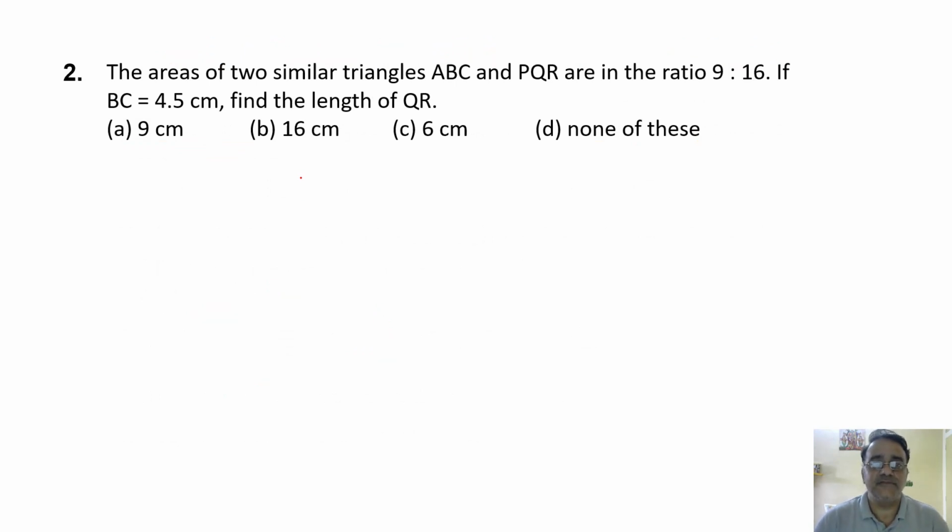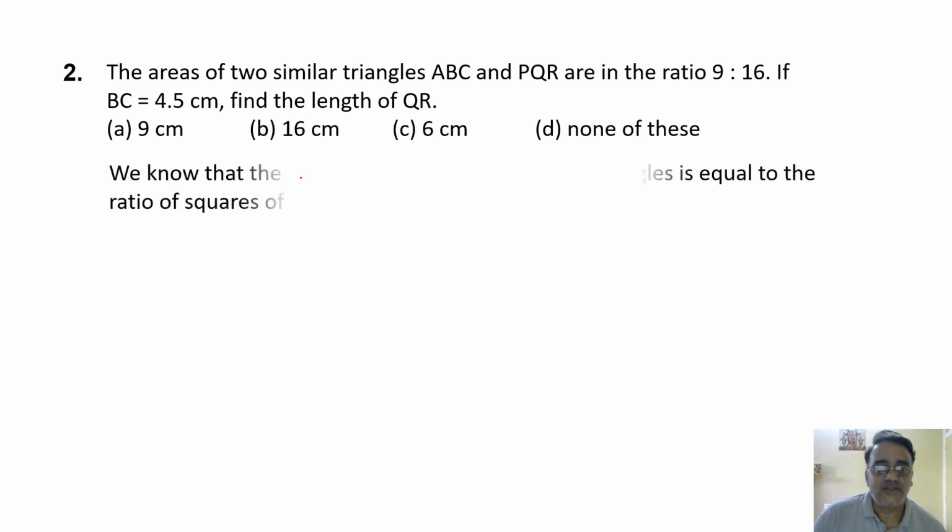The areas of two similar triangles ABC and PQR are in the ratio 9:16. If BC is equal to 4.5 centimeter, find the length of QR. First we will write the statement for my explanation; you can do it directly, because the full steps are not required here, only the correct option.